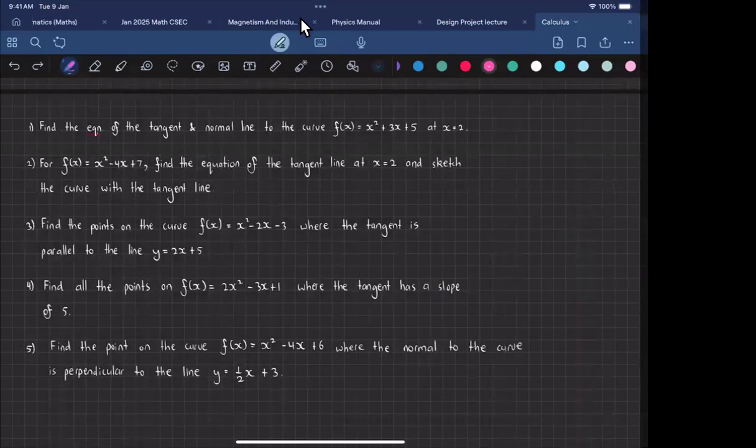Oh yeah, you made a mistake. The gradient of the tangent is 7. So if you flip that and change the sign, what's the gradient of the normal? Yeah, it should be minus 1 over 7. So fix them. Okay.